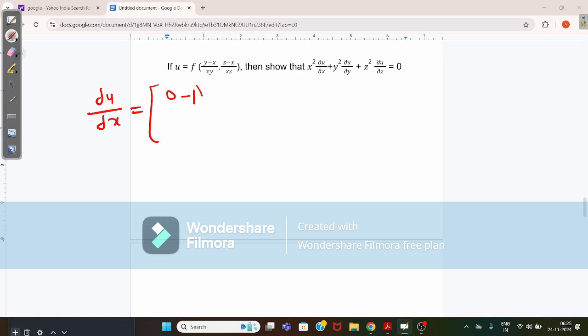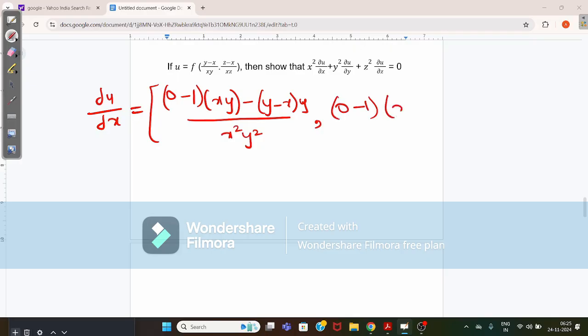0 minus 1 into (xy minus y minus x into y) by x square y square, comma, this value is 0 minus 1 into (xz minus z minus x into z) by x square z square.